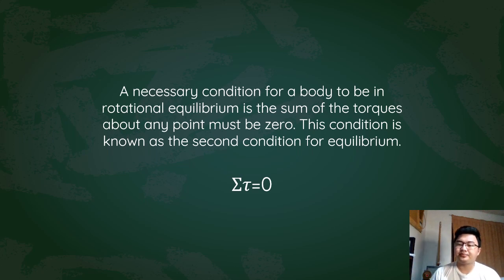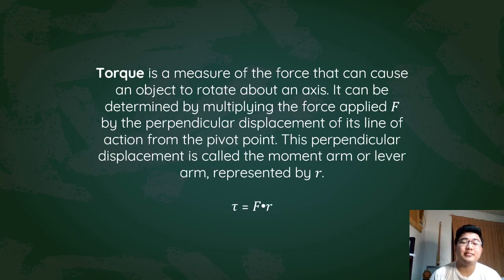And what is torque? Torque is a measure of the force that causes an object to rotate about an axis, or about its fixed point. Again, we call it an axis.